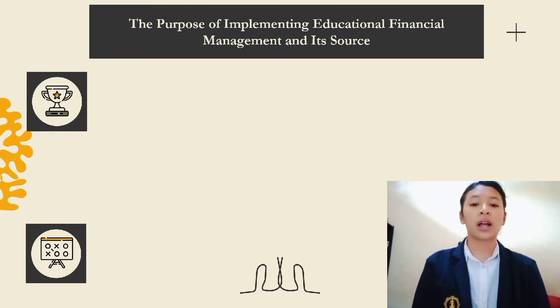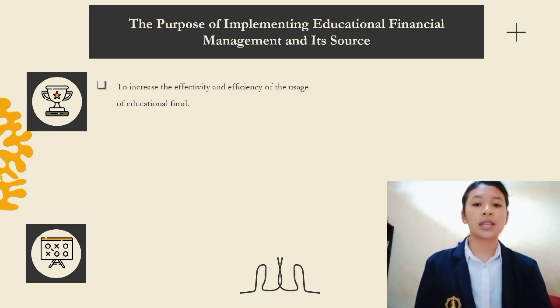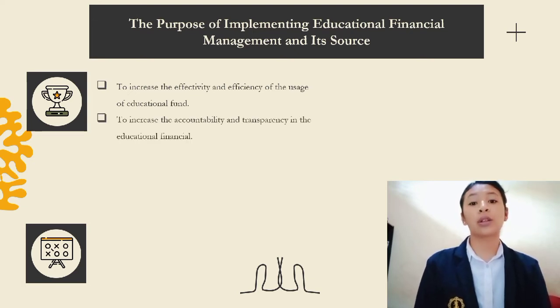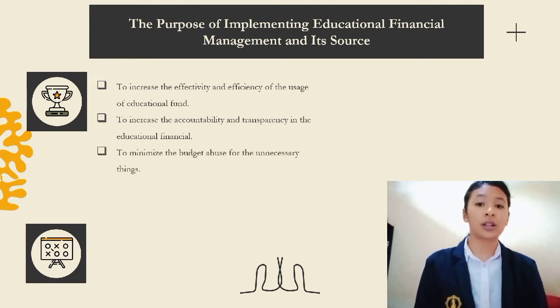The next material is about the purposes of implementing financial management in education and its sources. The purposes are, first, to increase the effectiveness and efficiency of the usage of educational funds. The second is to increase accountability and transparency in educational finance.